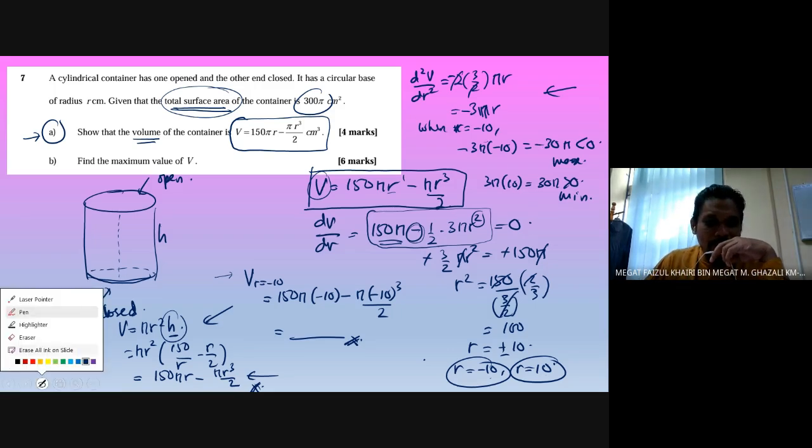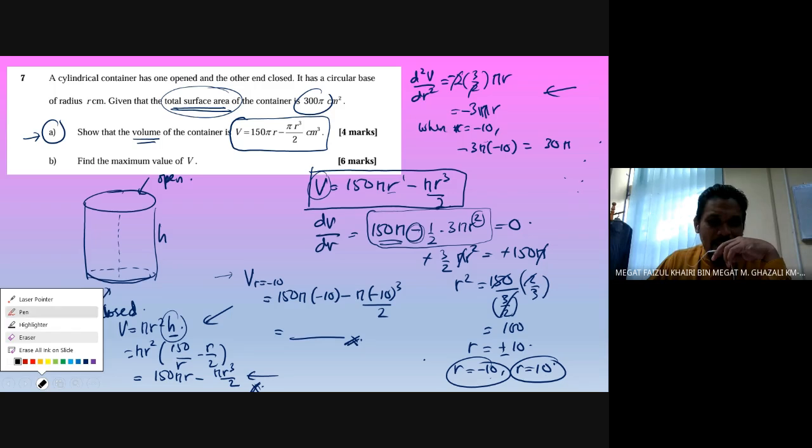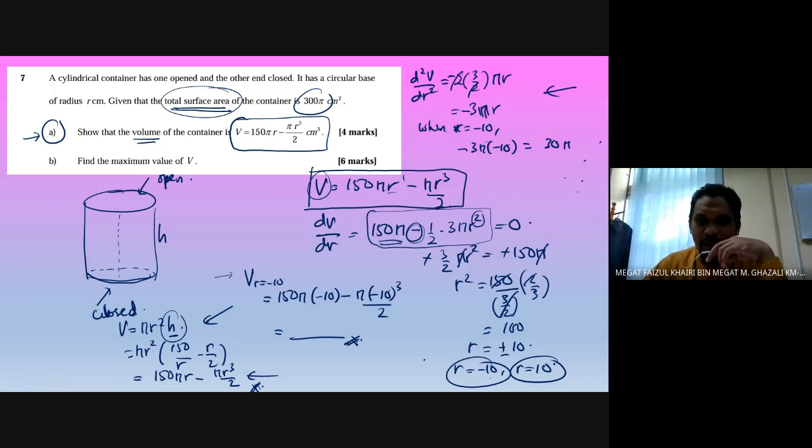Sorry. Class, make a correction here. I did not see the negative there. From dV/dr, 150 pi minus this sign of negative. So differentiate this for a second time.